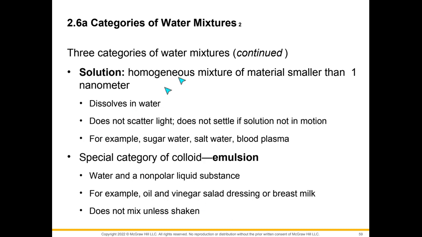A solution is defined as a mixture in which the solute dissolves completely in the solvent. Typically, if you have a 10% sucrose solution, that means you measure out 10 grams of sucrose and dissolve it in a total of 100 ml.